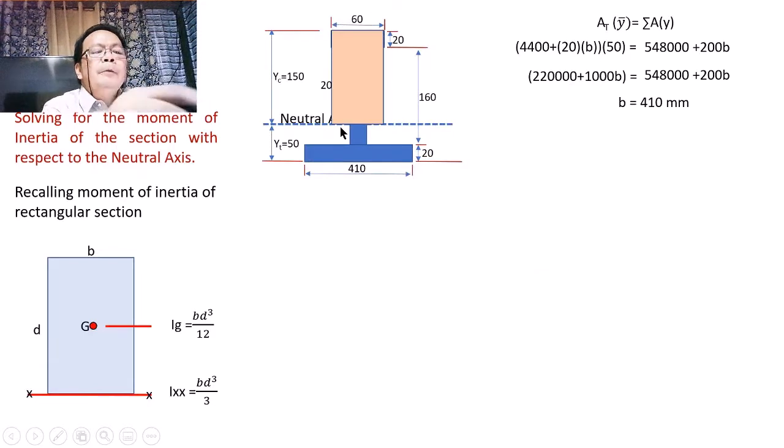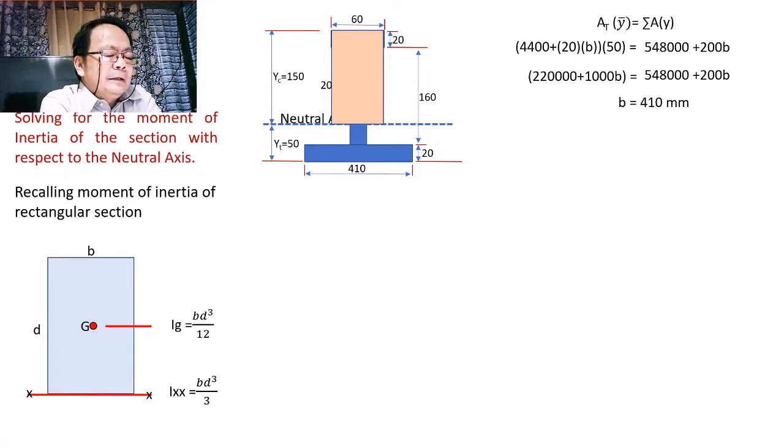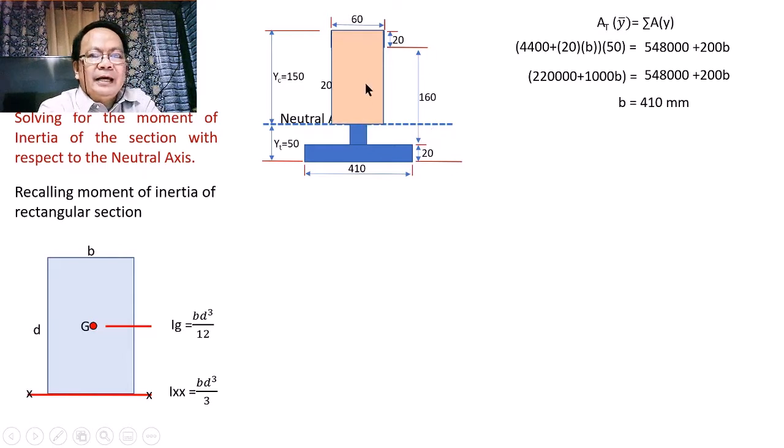So, pakita natin na yung ating section ay pwedeng buuin ng tinatawag nating composite section. So sabihin natin na itong section na ito ay binuo muna ng isang rectangle, di ba? Kinover ko muna yung rectangle, and we will notice that if we're going to apply this concept, we can get the moments of inertia of this rectangle about this neutral axis representing the base of that rectangle, di ba?